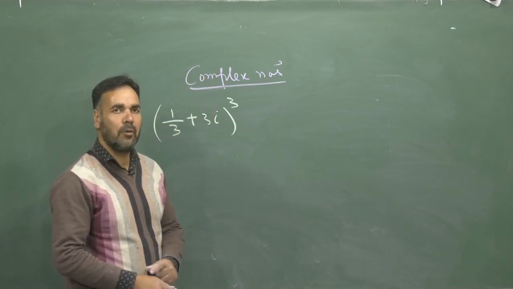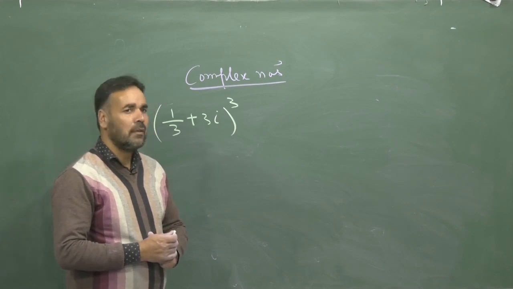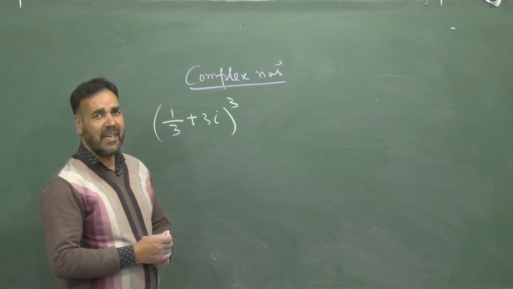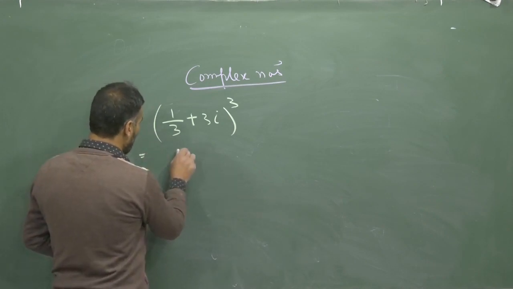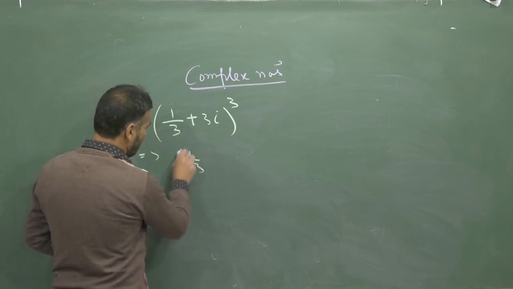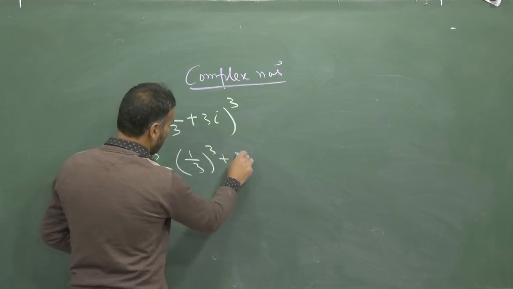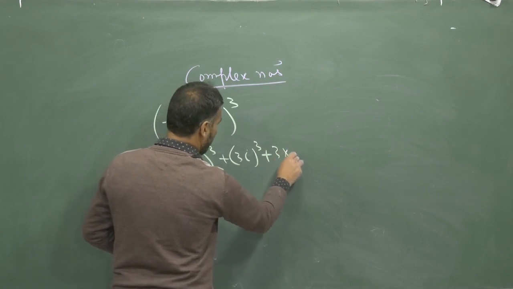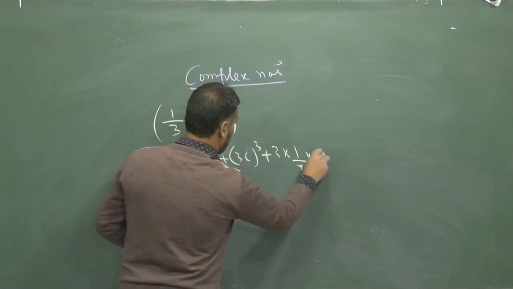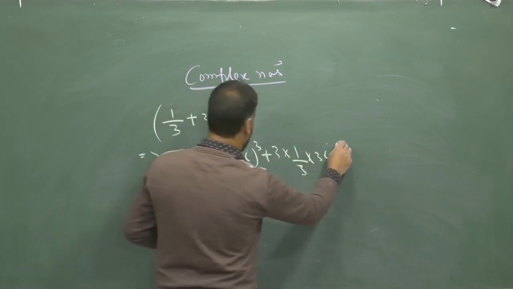What is a plus b whole cube? A cube plus b cube plus 3ab into a plus b. That is, a cube means (1 by 3) cube plus b cube means (3 iota) whole cube plus 3ab into a plus b.